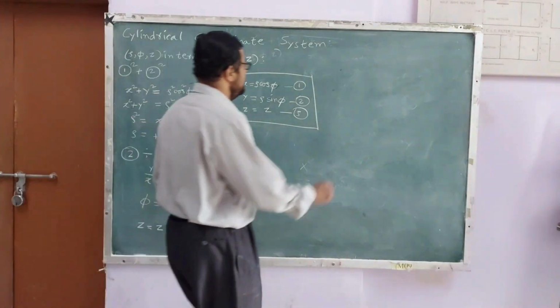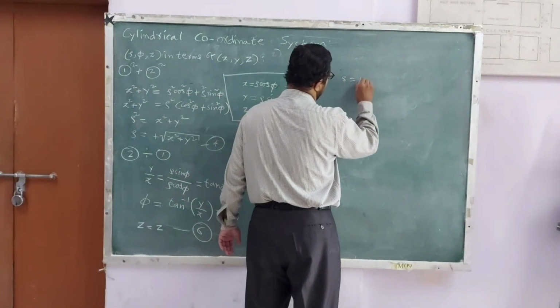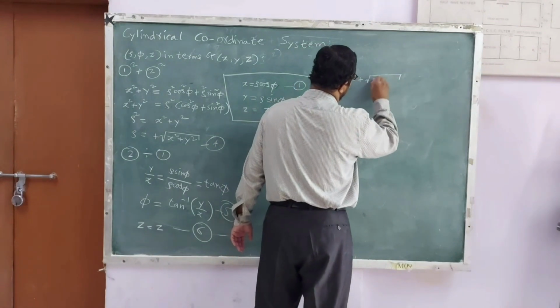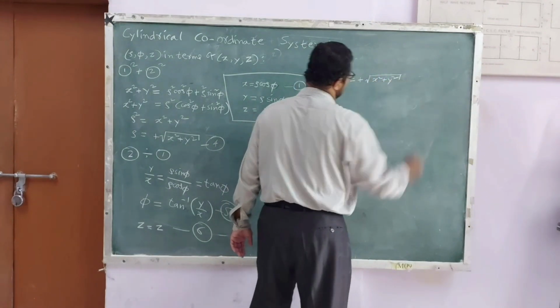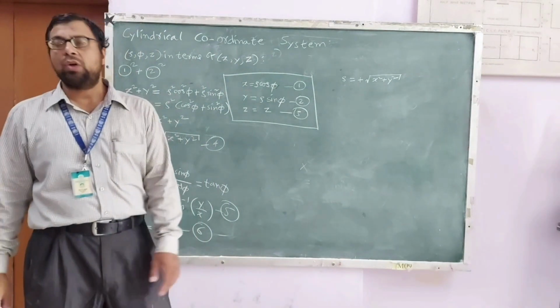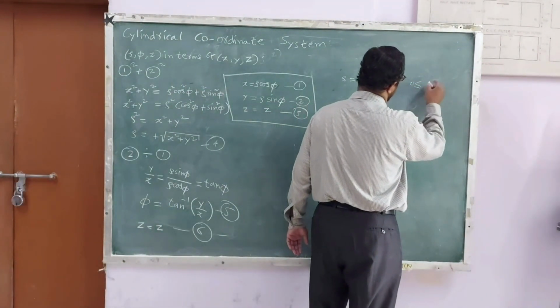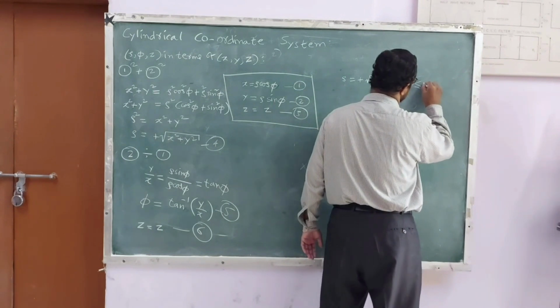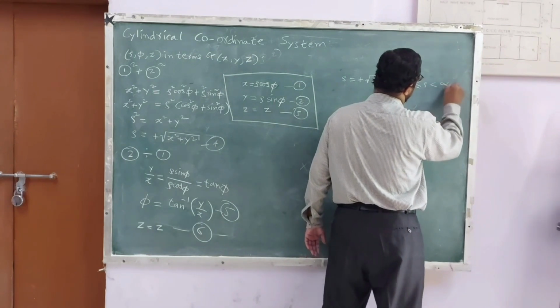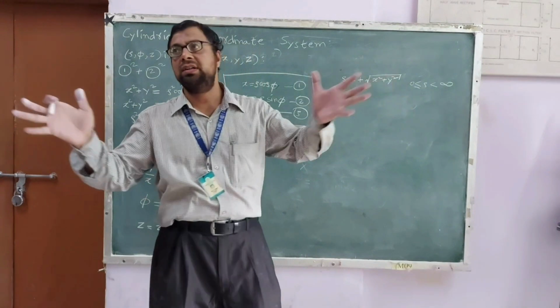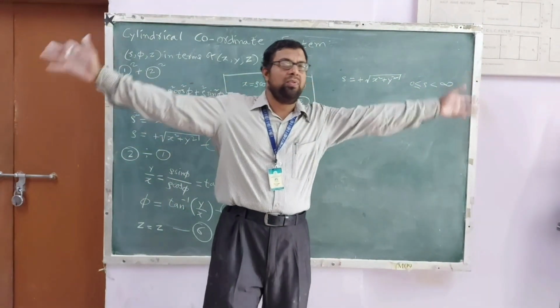Our first coordinate, rho, is the positive square root of x square plus y square. This is the radius of the cylinder. It cannot be negative, so it will always be greater than or equal to 0, and it can go up to infinity because the radius of the cylinder can go up to infinity.